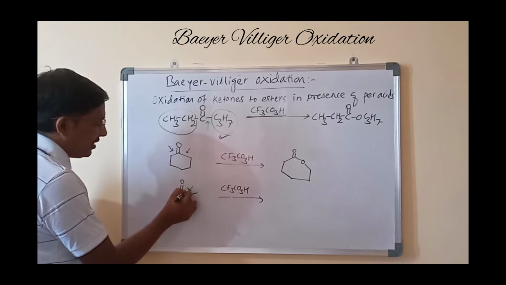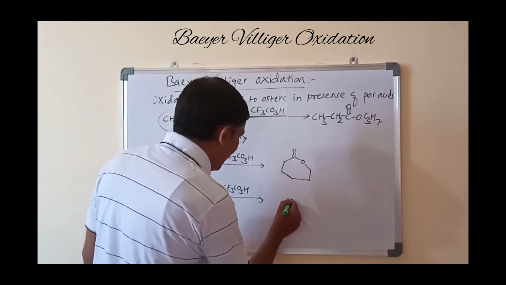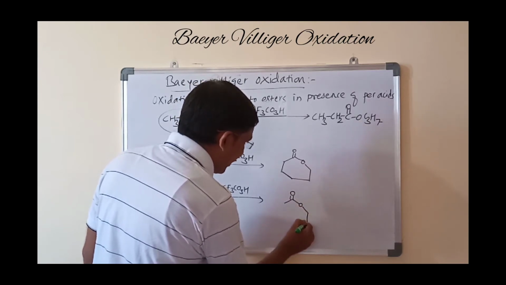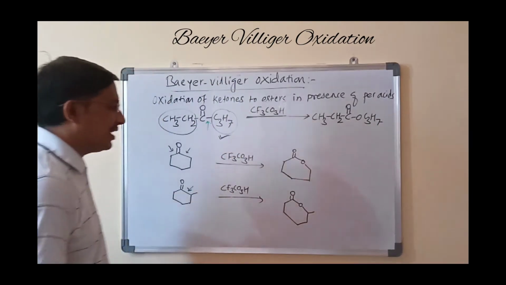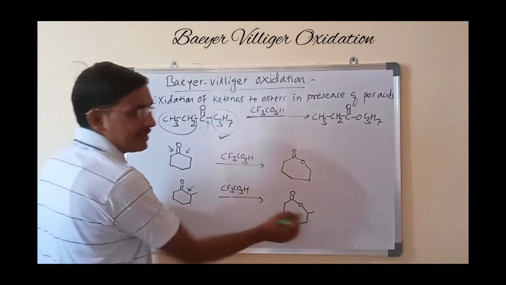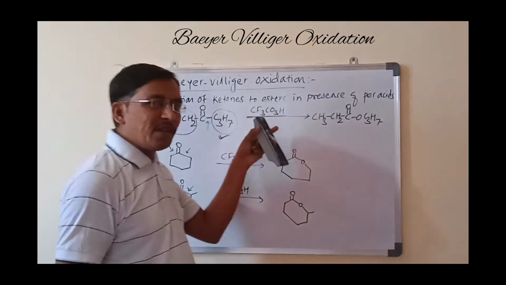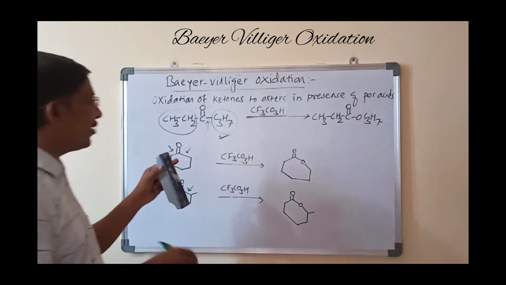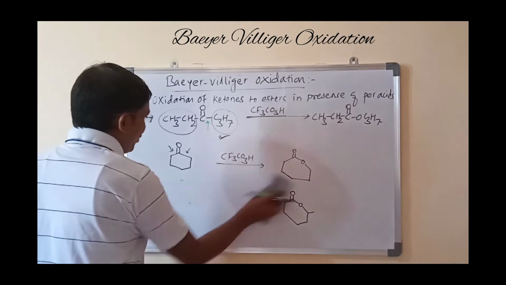We'll insert this oxygen at this side, and the product of this reaction will be C double bond O, now this is oxygen, this is your product. In this way, simply the oxygen from the per acid will be inserted in between the carbonyl carbon and the more electron donating group. This is the Baeyer-Villiger oxidation reaction.